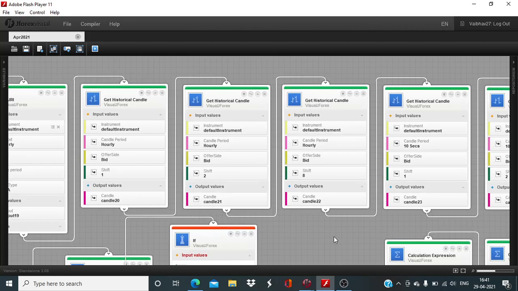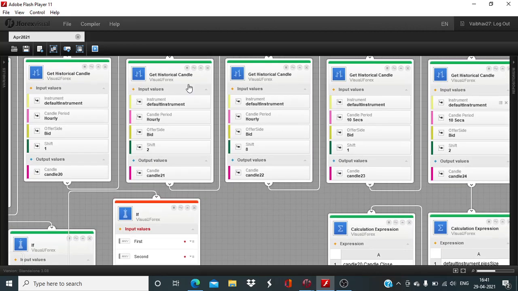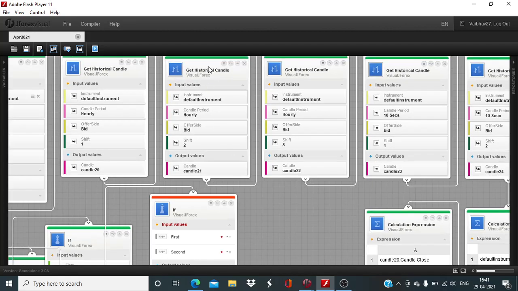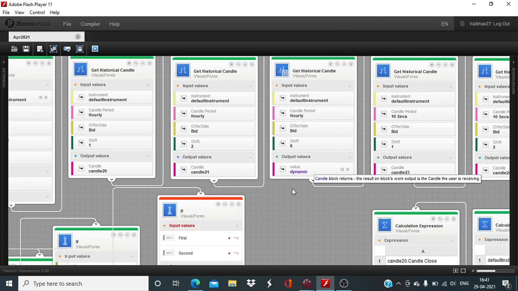And after that, we also have to make sure that candle 21's close was below candle 22's close.